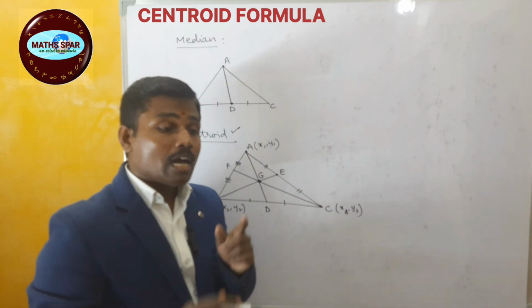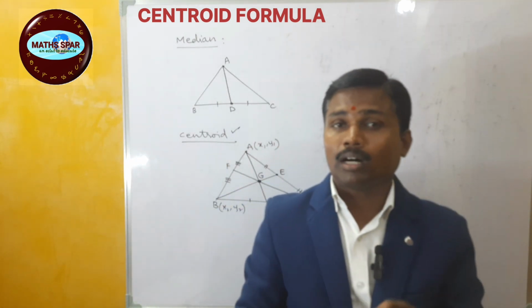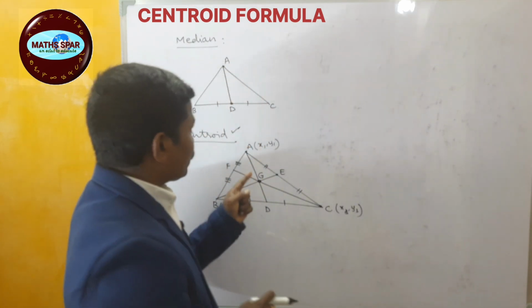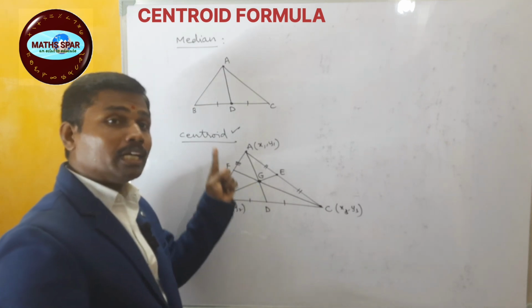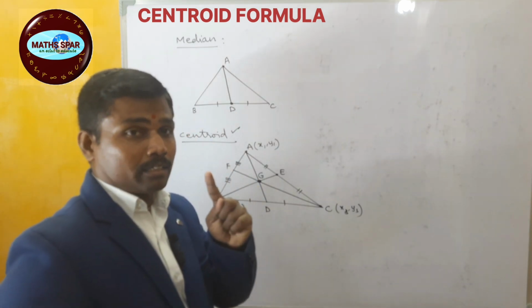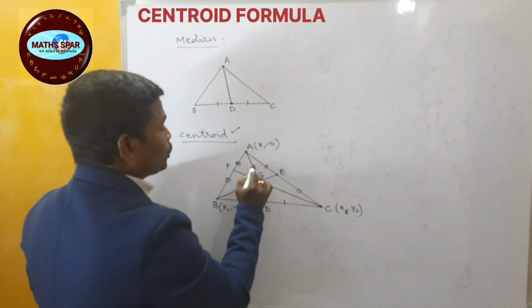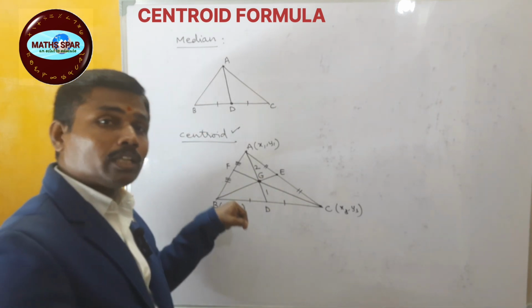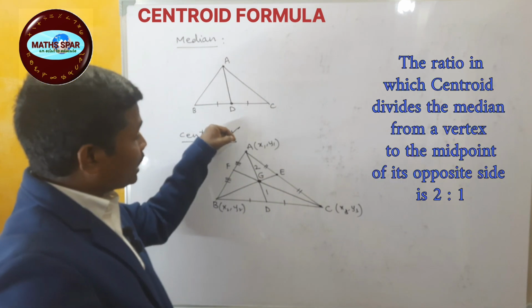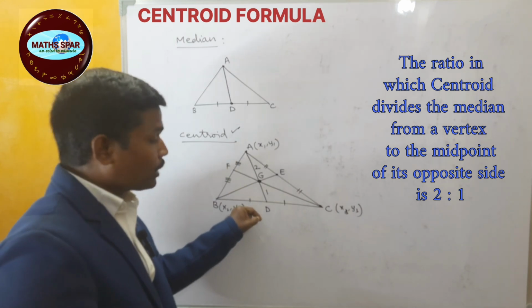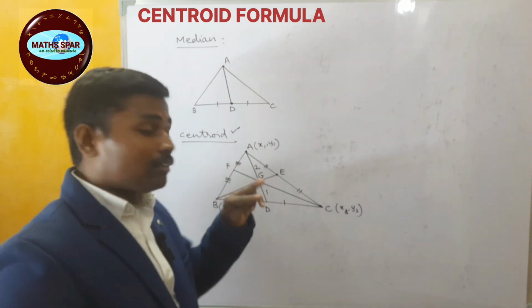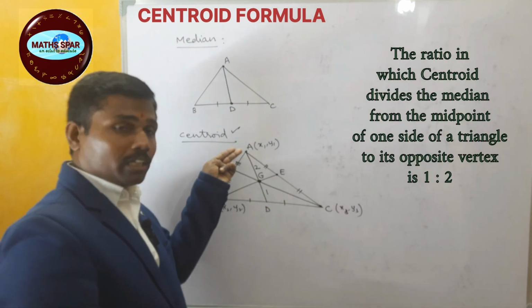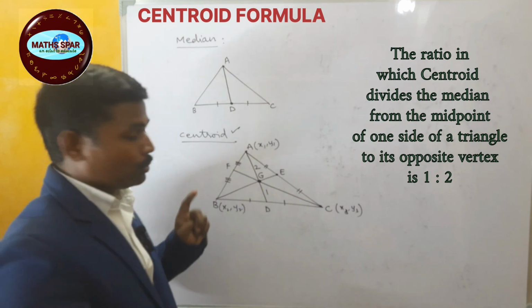But before that, another important point to remember is the centroid will divide the median in the ratio 2:1 from the vertex to the midpoint. From the vertex to the midpoint. Suppose it is from the midpoint to the vertex, it is 1:2.